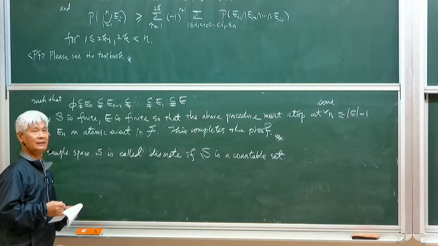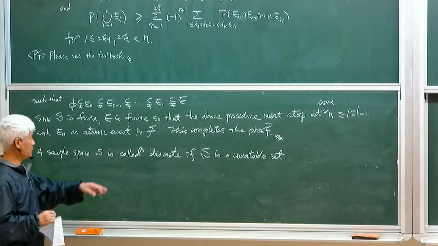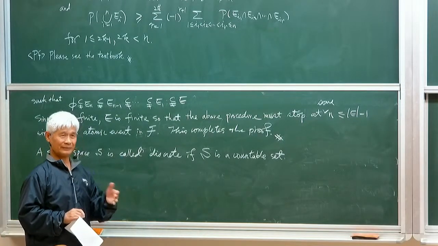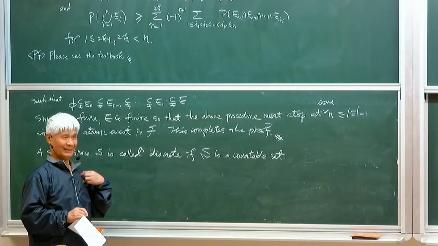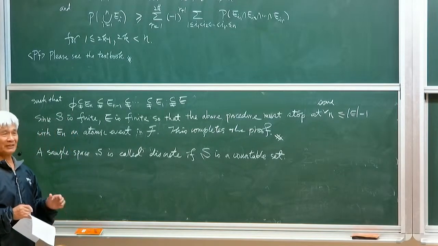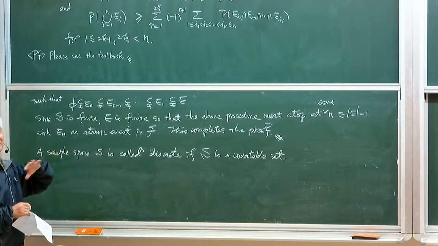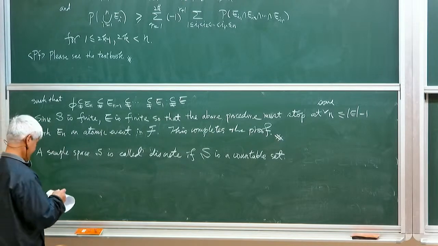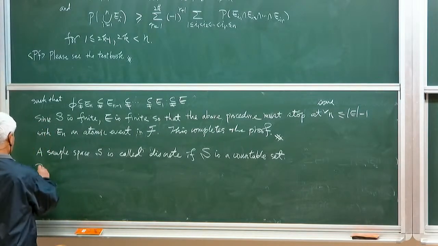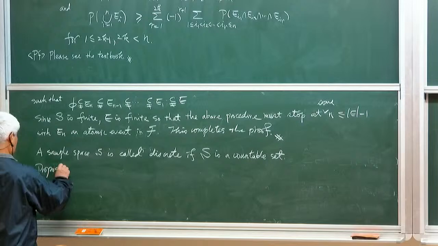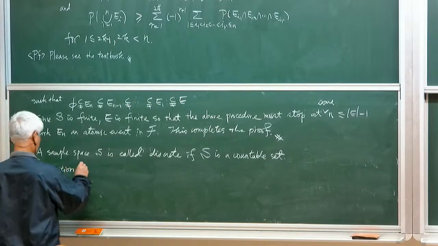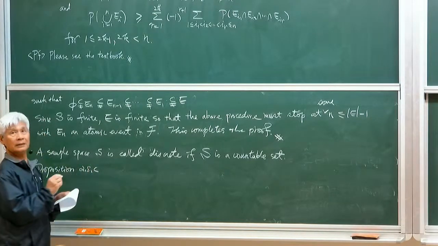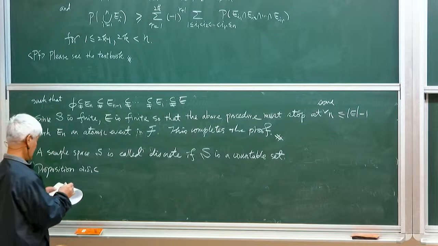And in probability theory, we usually use the word discrete sample space instead of countable sample space. It's just for historical reasons, but they are equivalent terms.